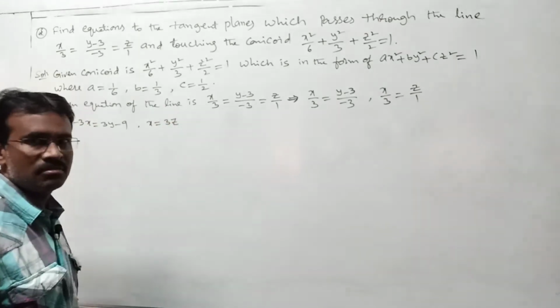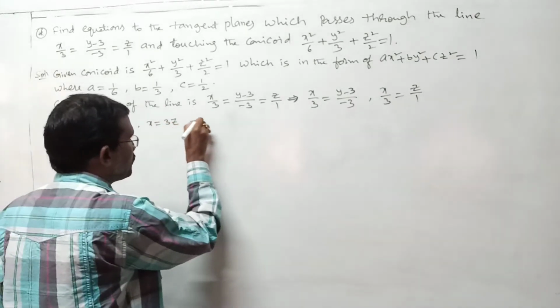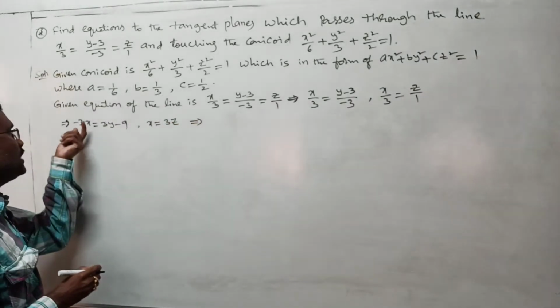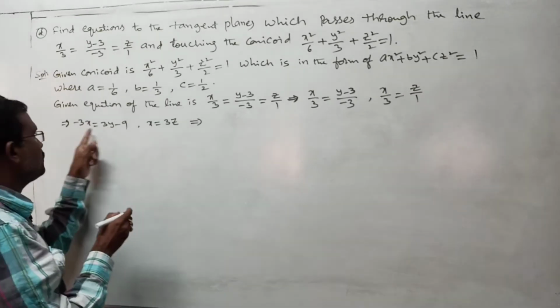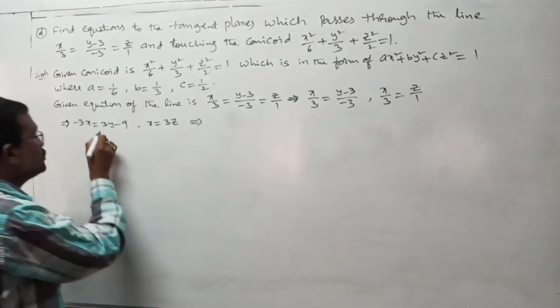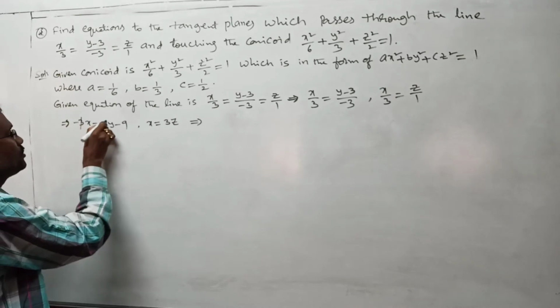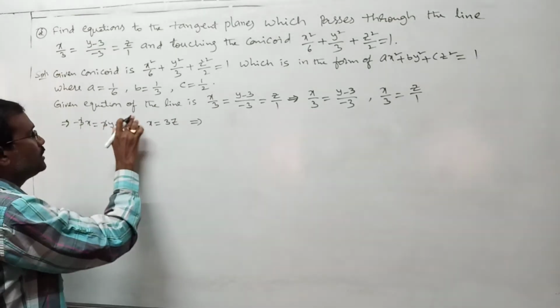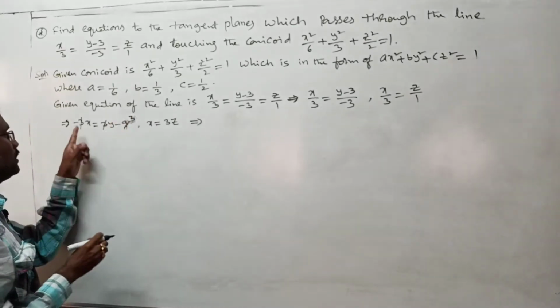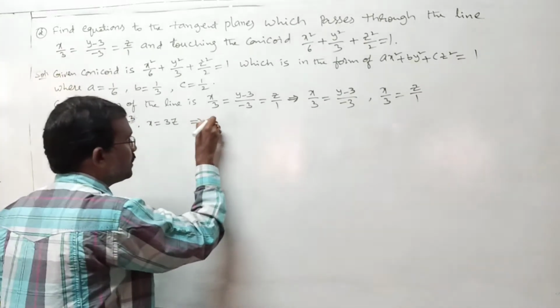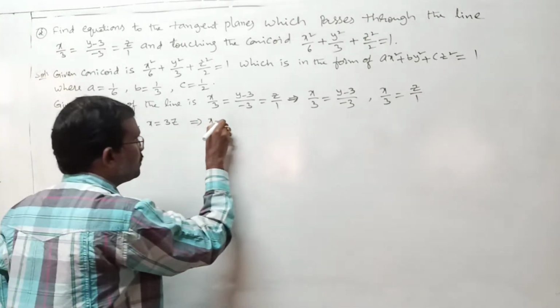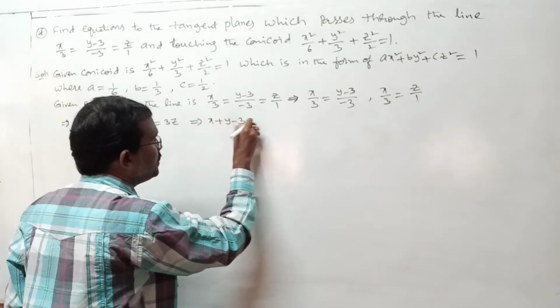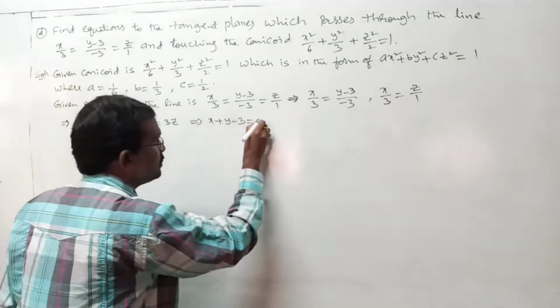Any problem is there? I want to take this minus 3x to the right side. First I am writing that x result. Otherwise you can divide by 3. 3 1 is the 3, 3 3 is better. Directly I am doing here. Right? Minus x, take on to the other side. x plus y minus 3 is equal to 0. This is one plane.